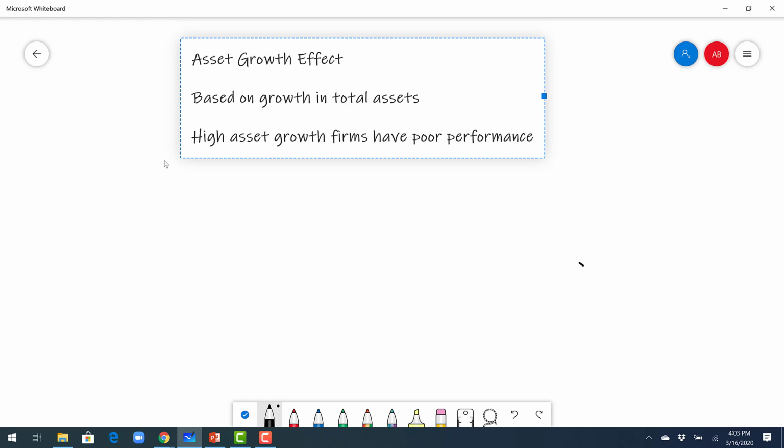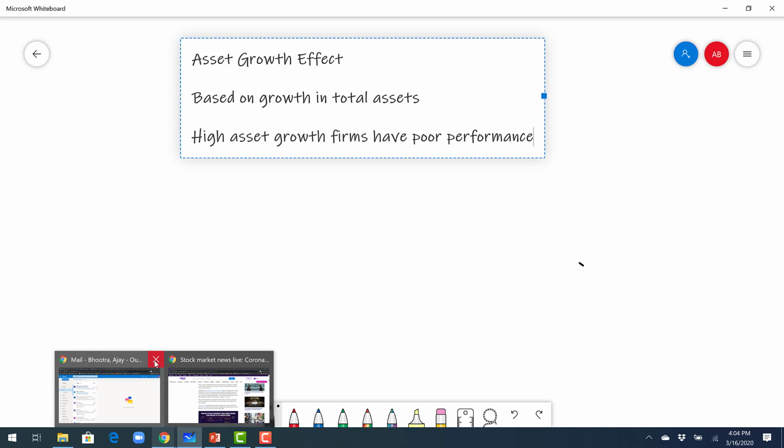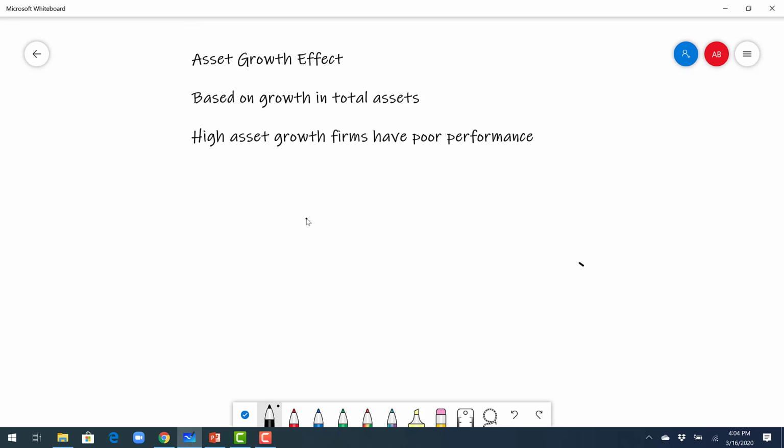Let's say you have a firm that has $100 million in total assets in one year, and then the following year the total assets grow to 120 million. So that's 20% annual growth in total assets, and that is the asset growth effect that I'm referring to here.